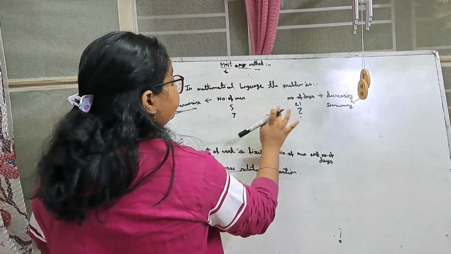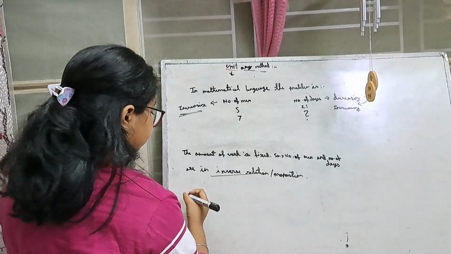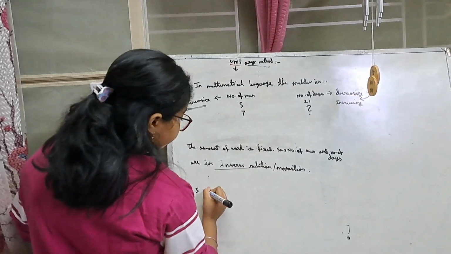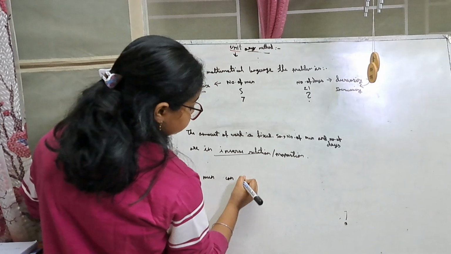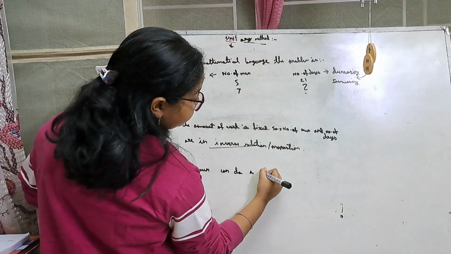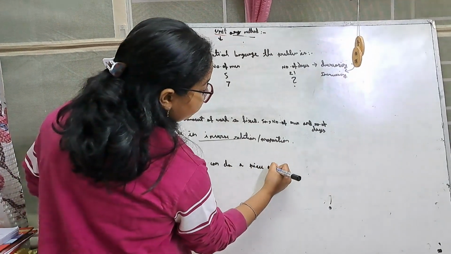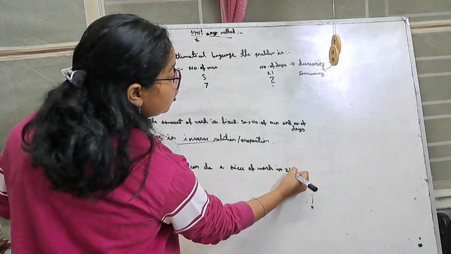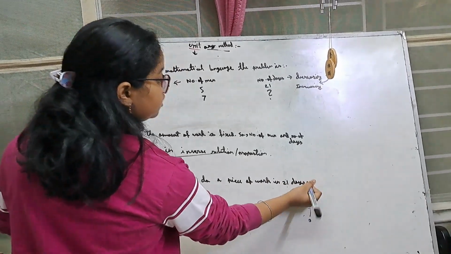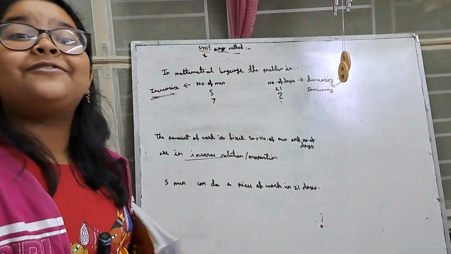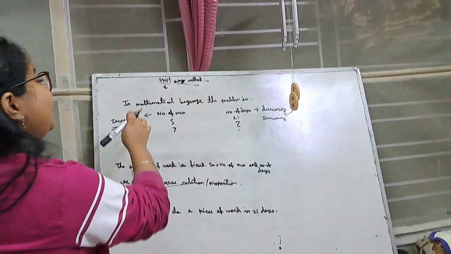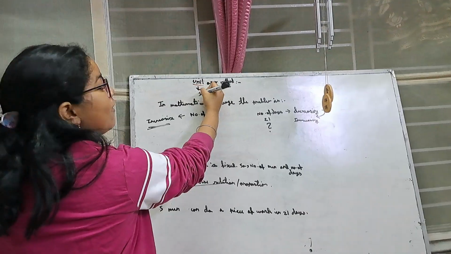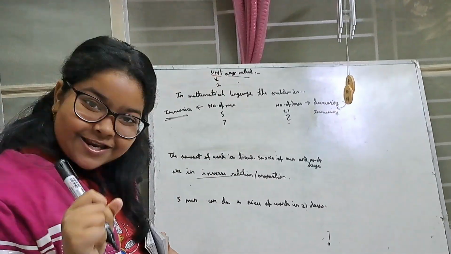First we have to arrange this data. 5 men can do a piece of work in 21 days. Therefore, we have to deal with 1, because unit means 1.